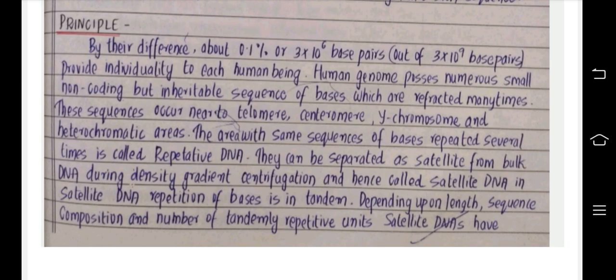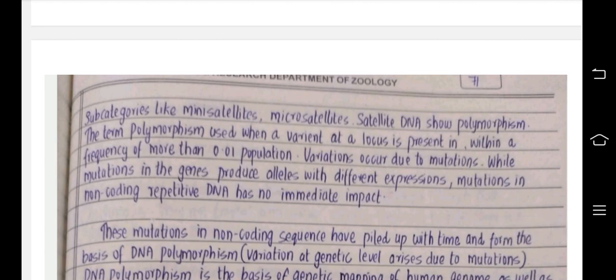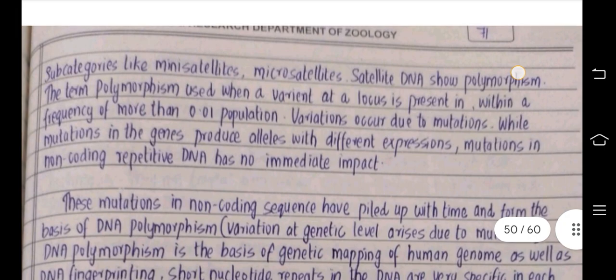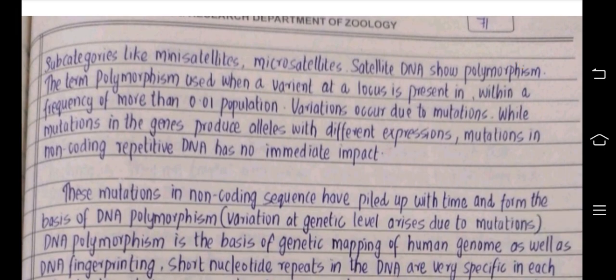Depending on the length, sequence composition, and number of tandemly repetitive units, satellite DNA has subcategories like minisatellites and microsatellites. Satellite DNA shows polymorphism. The term polymorphism is used when a variant at a locus is present at a frequency of more than 0.01 in the population.